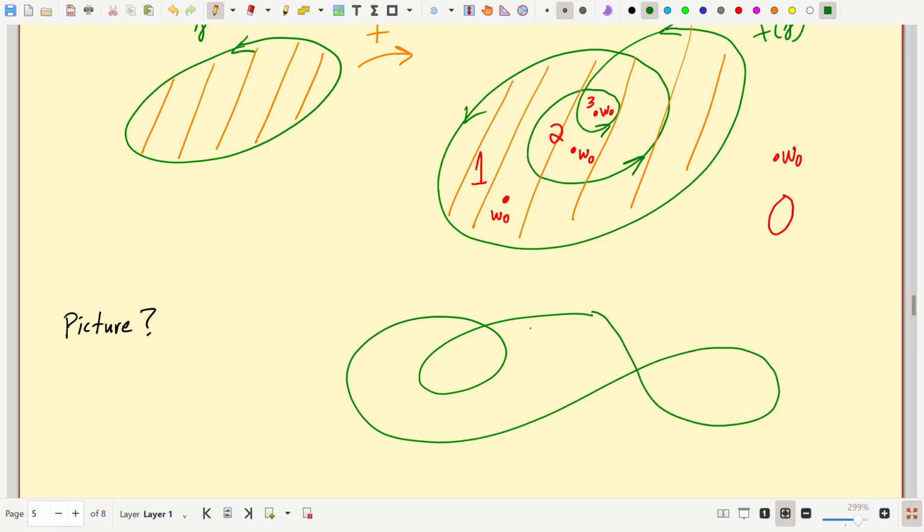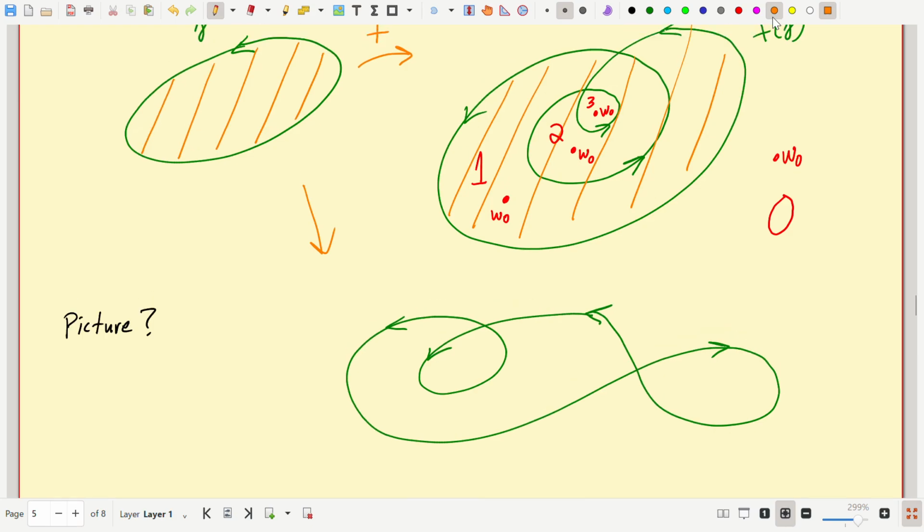That would make this have to go around clockwise. So could I have a thing that goes like this? Well, the clockwise one, those would be negative. And of course, you can't hit something negative times.